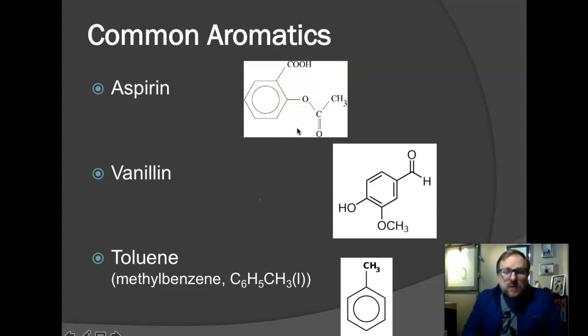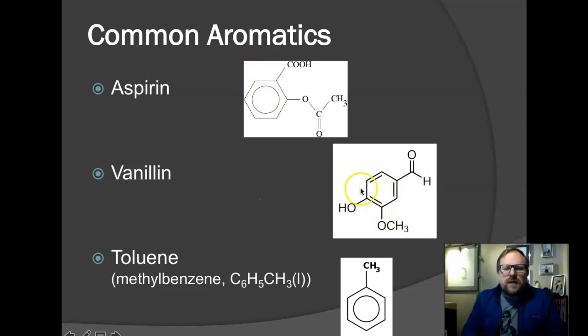One of the things you need to be able to do is identify a complex compound like aspirin as an aromatic. And it's an aromatic because it has a benzene ring in it. Just like vanillin. Vanillin is the compound that gives a vanilla flavor or a vanilla odor to something. You can see that there's a benzene ring in it with a bunch of other stuff coming off of it that we haven't identified yet.